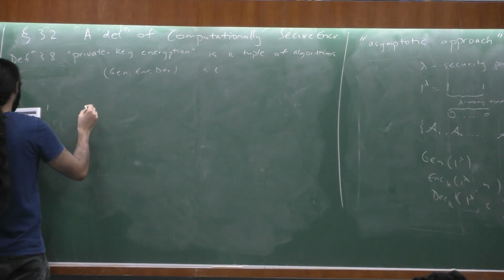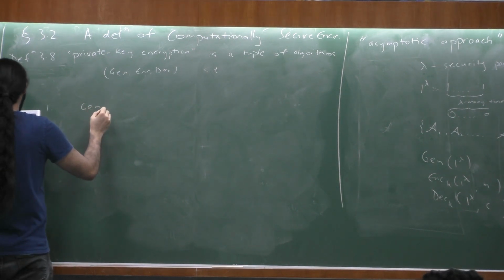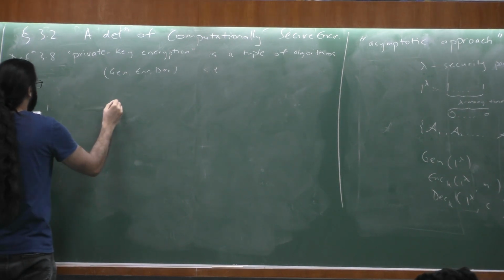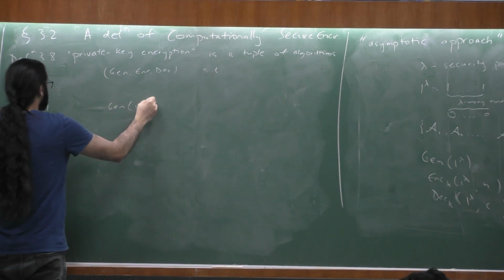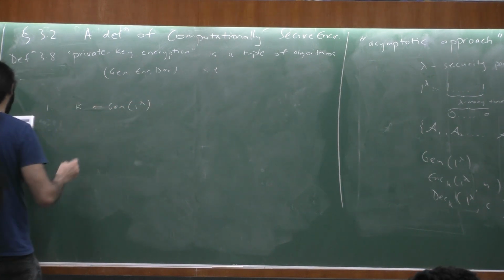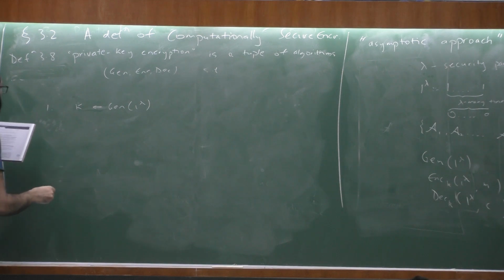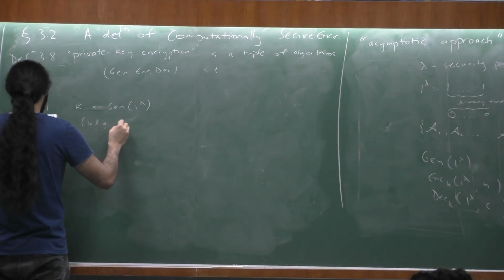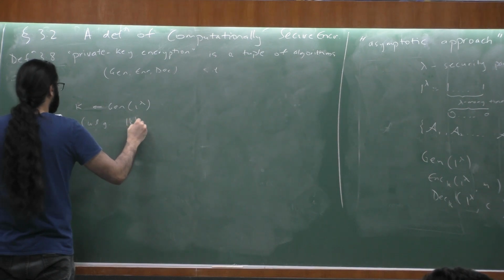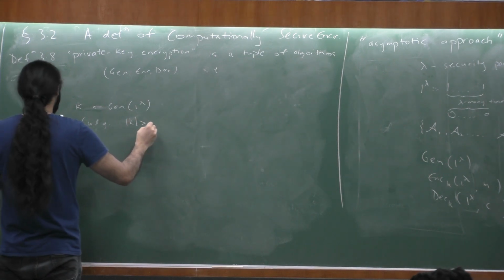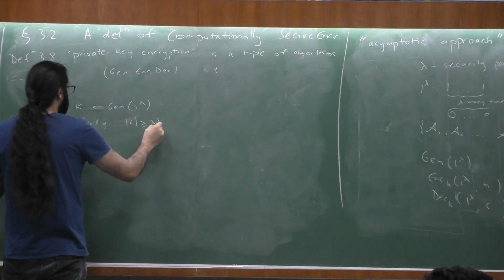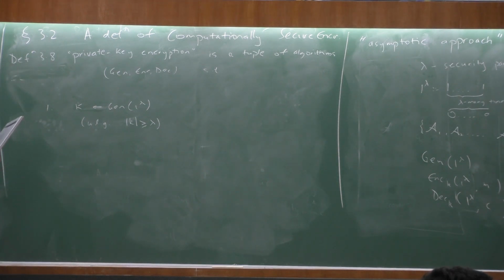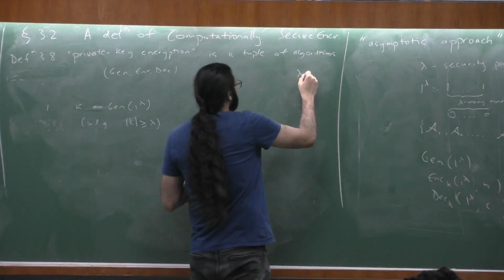the key gen algorithm, Gen, takes as input the security parameter and produces a k. And we'll assume without loss of generality that the length of k is at least as much as lambda. I am going to mix lambda and n because the book is using n, and in my head I always use lambda. So lambda equals n. Don't get confused.